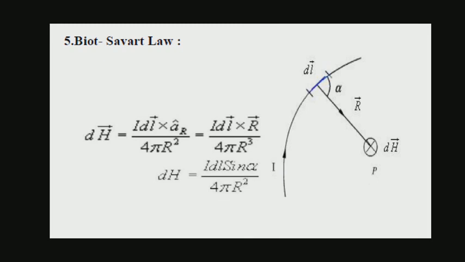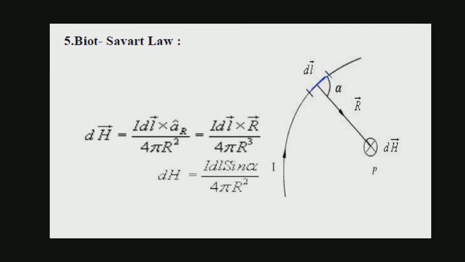Next, Biot-Savart law. This law relates the magnetic field intensity dH produced at a point due to differential current element I dl.